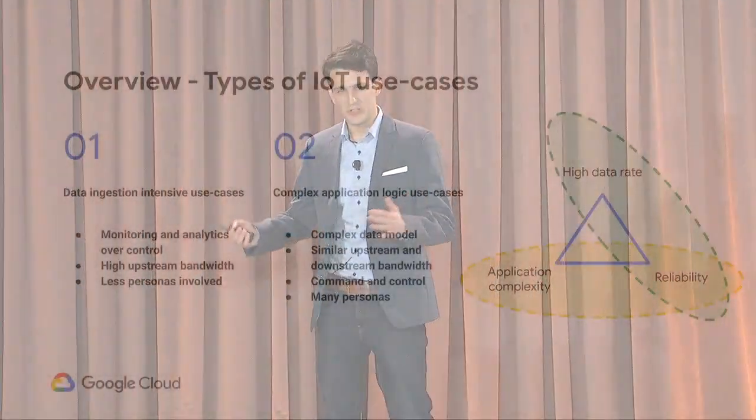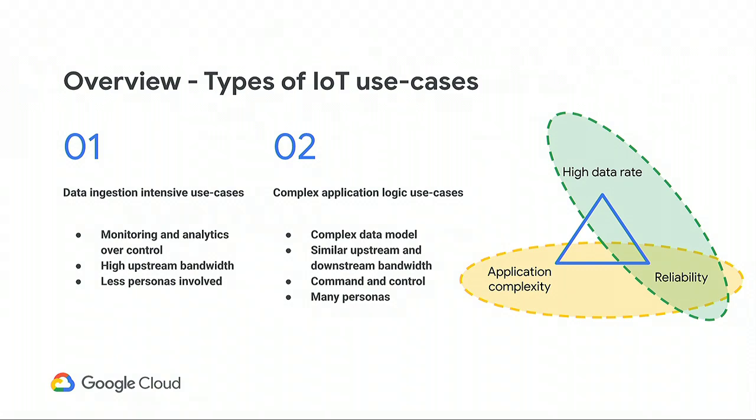And that's because these applications are not only about receiving data from devices, but also controlling them. So most of the time, this complex business logic is used to determine some sort of change that is required to be performed on the devices and then send back these commands or configurations to the devices. And what makes implementation of these use cases challenging is the multiple personas in the mix, having to interact with these deployments.